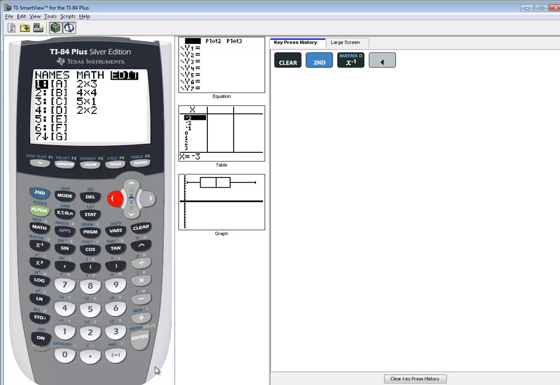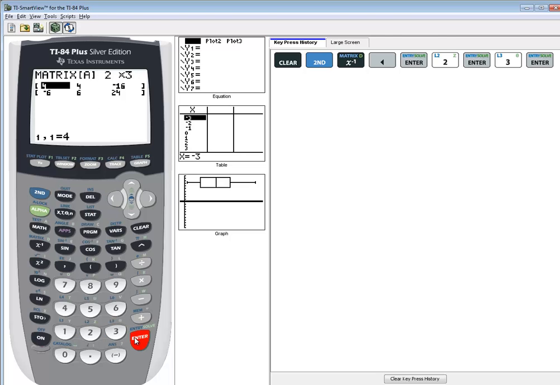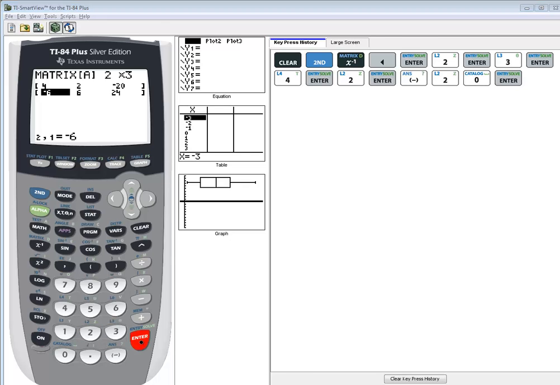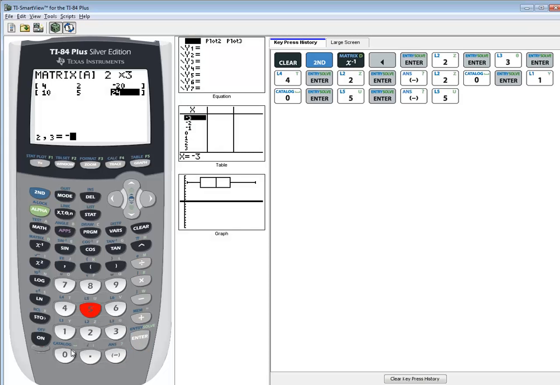Go over to edit, do enter on A. 2 by 3, so I do 2 enter, 3 enter. And I got 4 enter, 2 enter, negative 20 enter. Then 10 enter, 5 enter, and negative 50 enter.